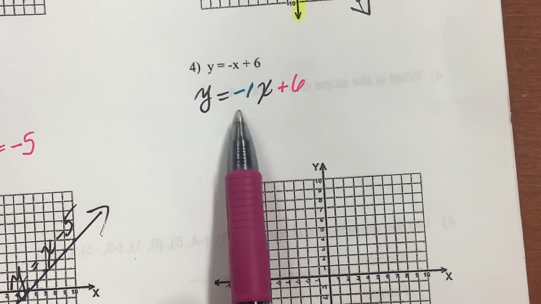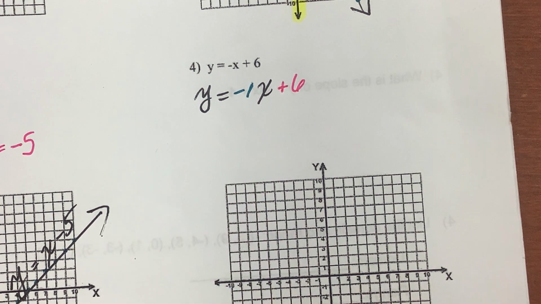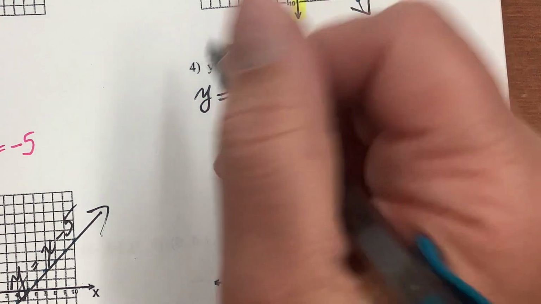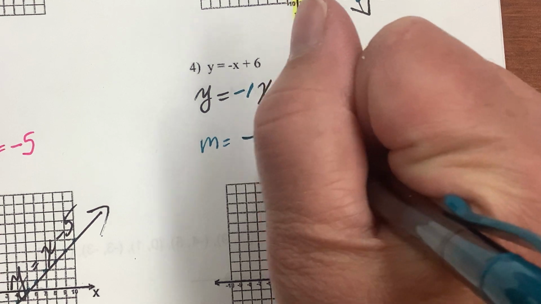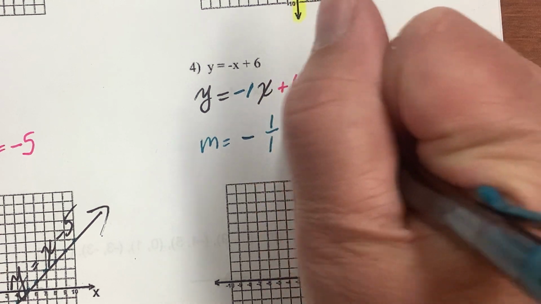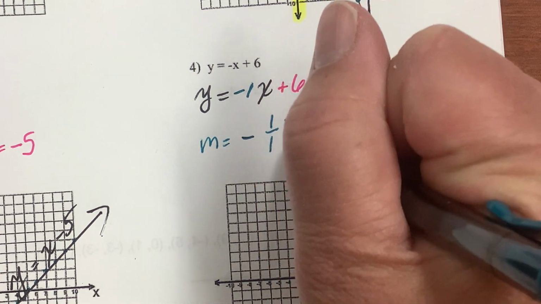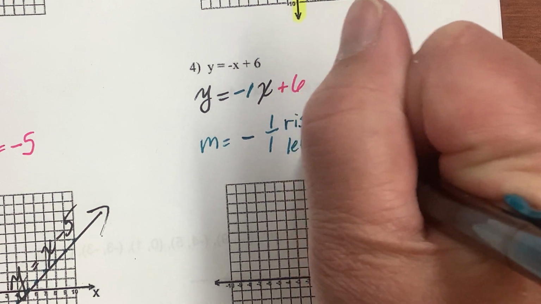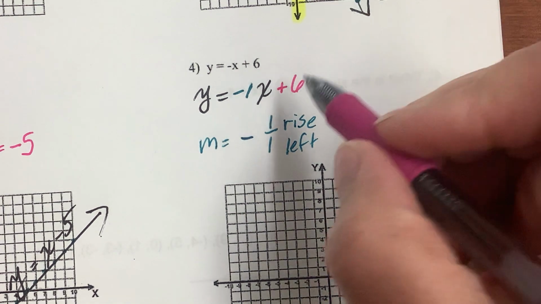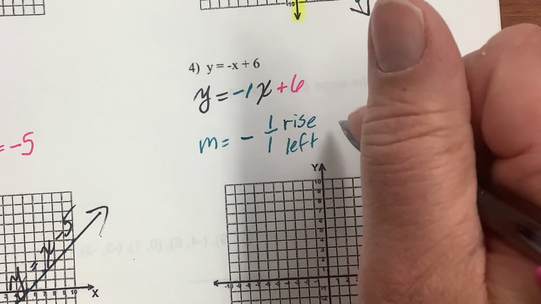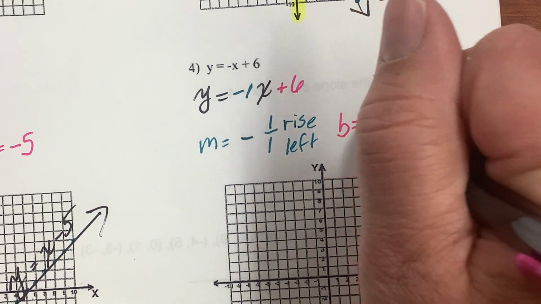Negative 1, that's a negative slope. So I'm going to have m equals negative 1 over 1. That means I'm going to rise 1, and I'm going to go left 1. When the slope is negative, you go to the left. And now I start at 6. Begin at the back with b equals 6.